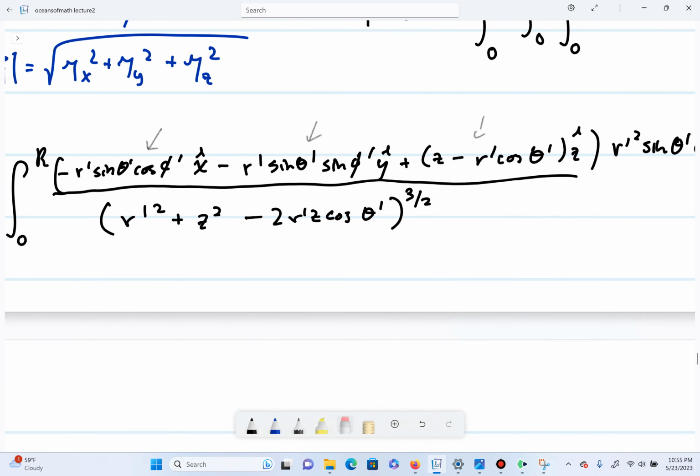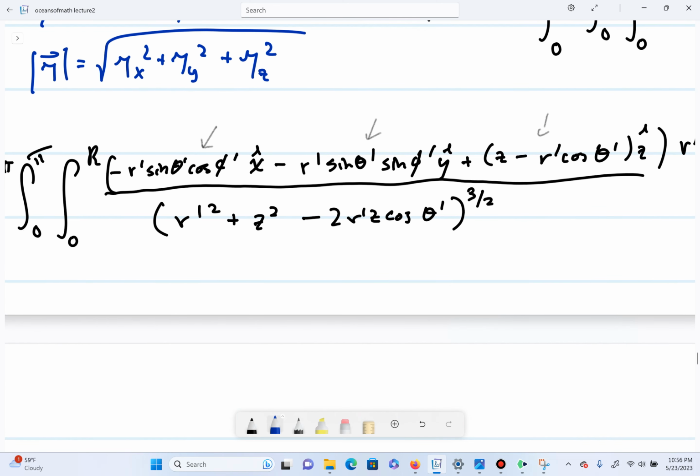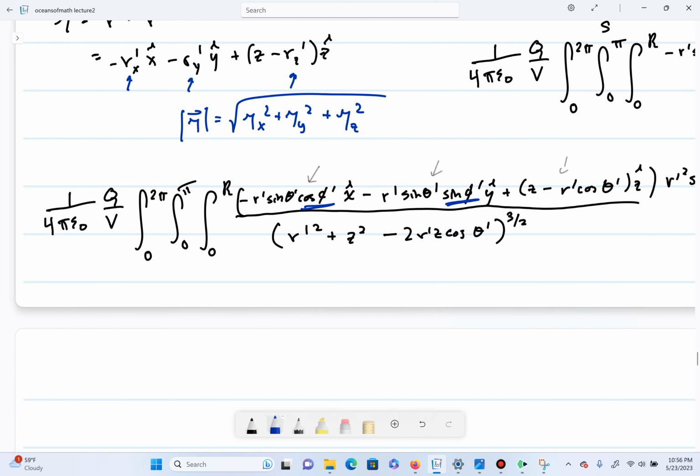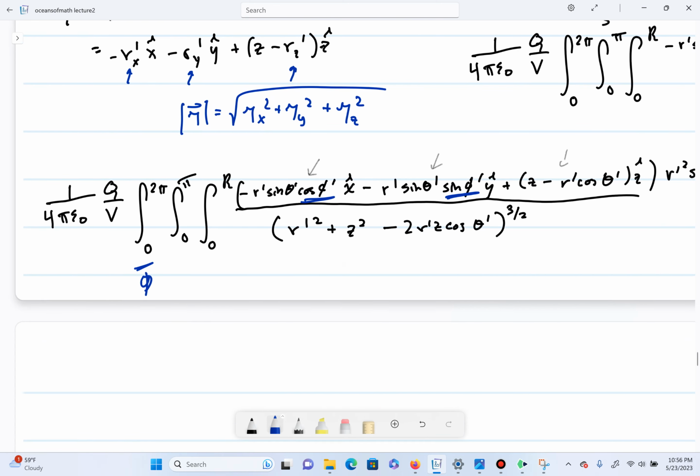And in fact it does, because if we look at the x hat and y hat terms, we have a cosine of phi prime and a sine of phi prime just sitting there. There's no other phi dependence anywhere, okay? And notice how we're integrating: this integral over the azimuthal angle phi goes from 0 to 2 pi.